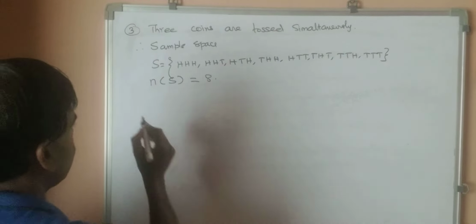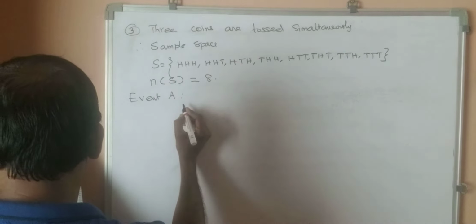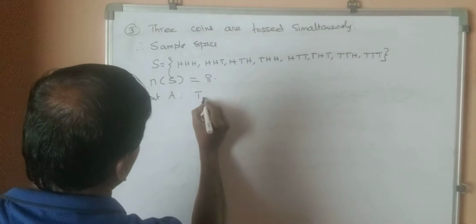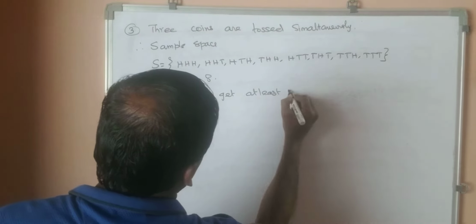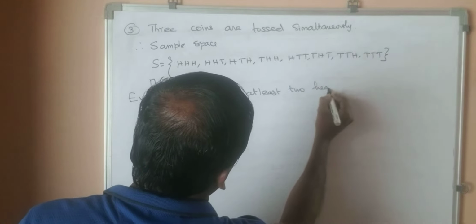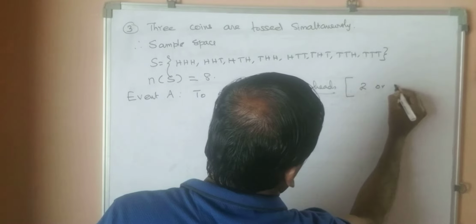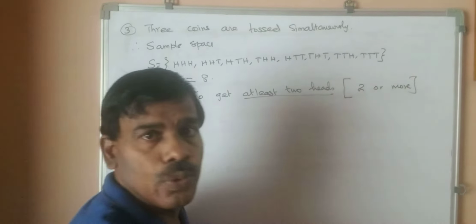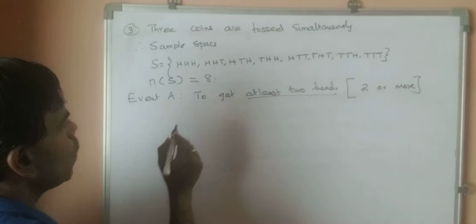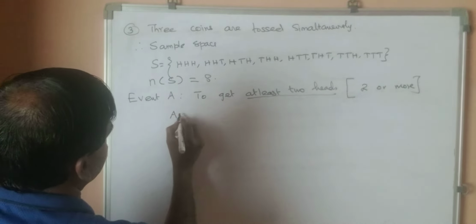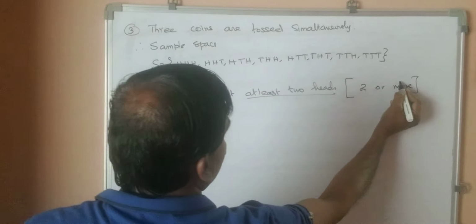Event A: to get at least 2 heads. At least 2 means what? 2 or more, I told you. At least 2 means 2 or more, so 2 heads or more heads. Here, 3 heads, yes, more.